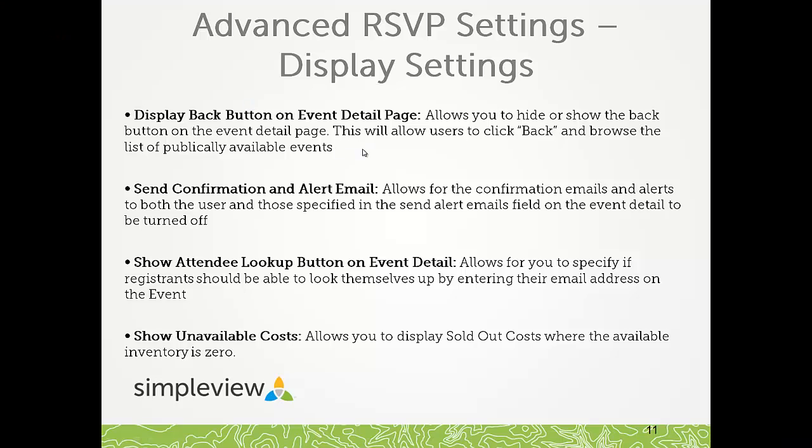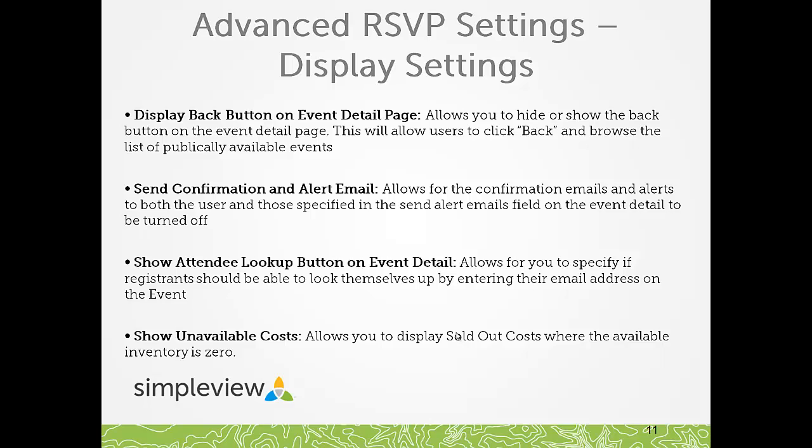And then show unavailable costs. This is new. This allows you to display sold out costs where the available inventory is 0. Maybe you want people to see that there was an early bird rate, that it's run out, but you still want to show that cost. The alternative is that once the inventory for that cost is 0, you've run out of them, it just doesn't show that cost, period.